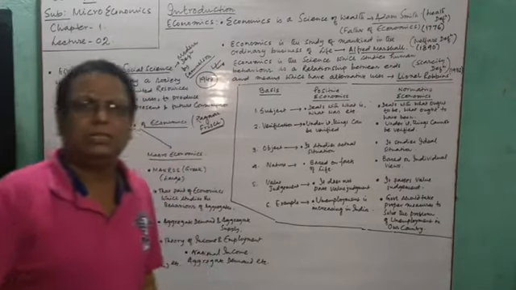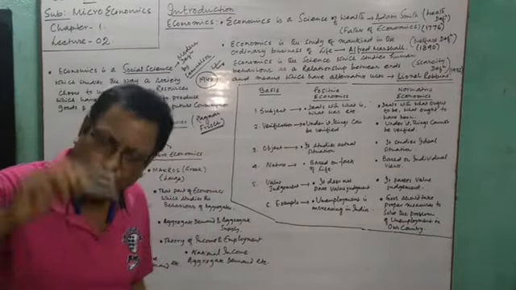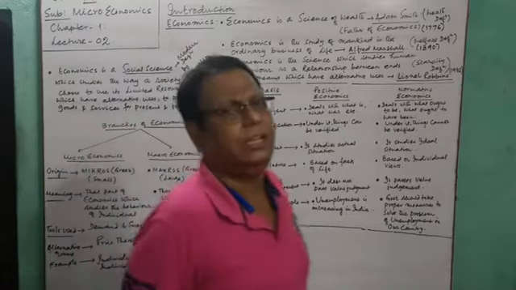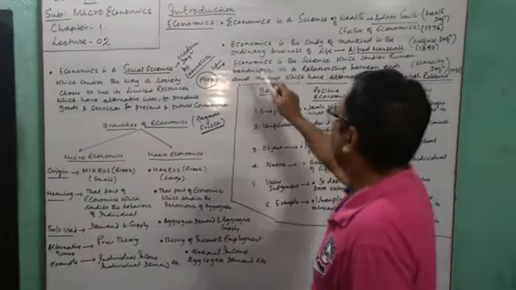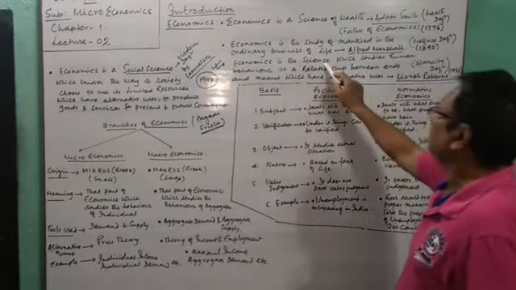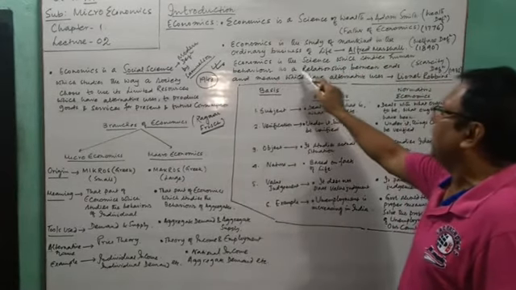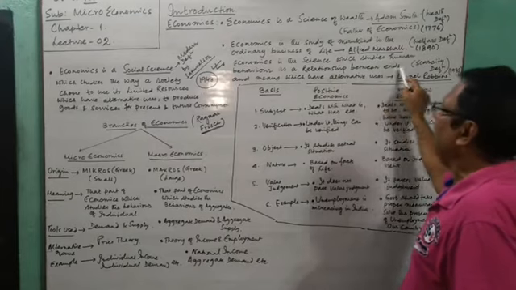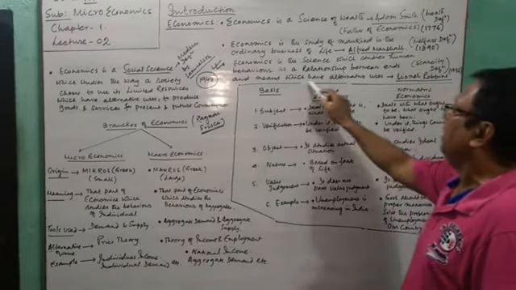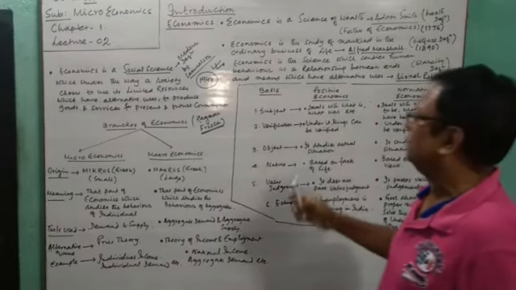And examiners also just want to see this very definition. What is it? Economics is a science which studies human behavior as a relationship between ends and means which have alternative uses.